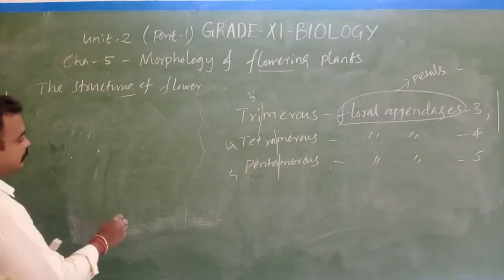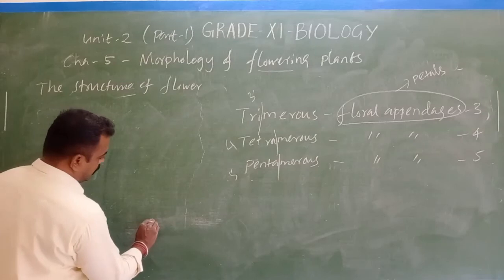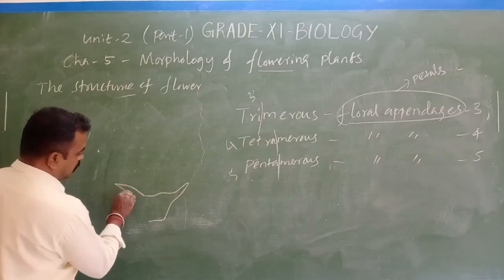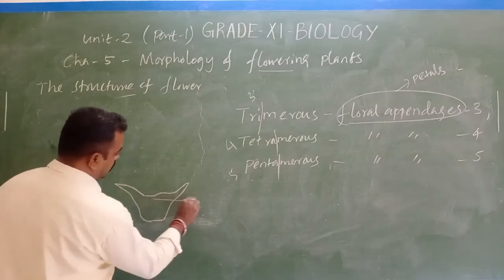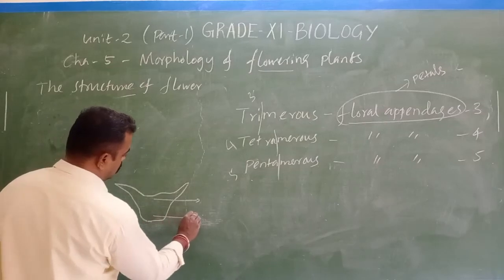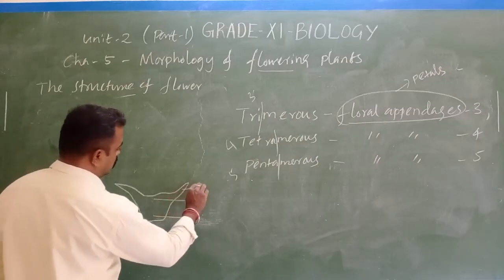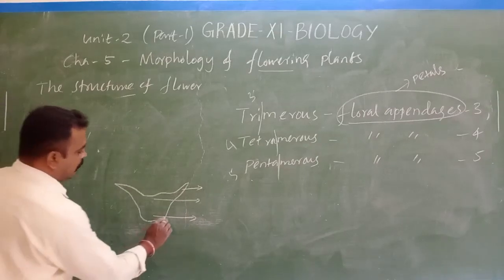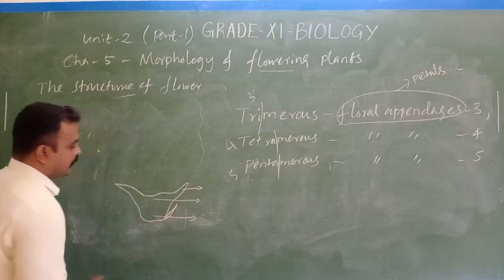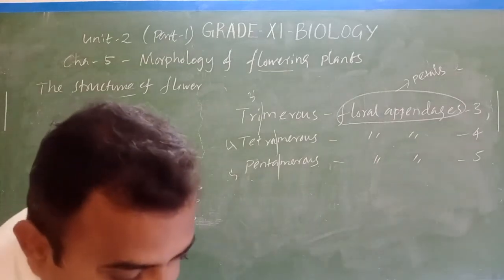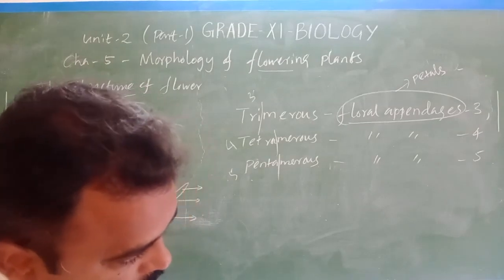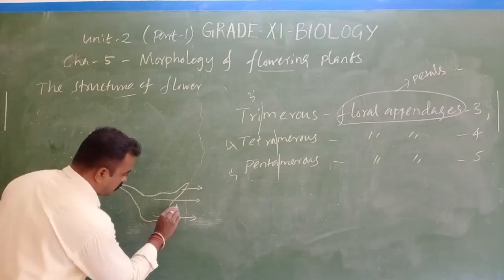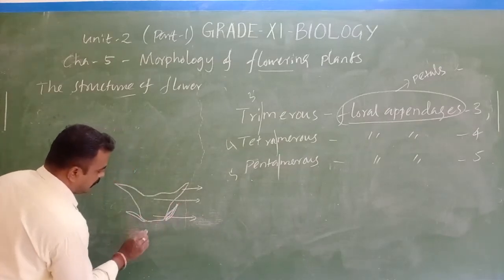Another general thing we have. Sometimes, this is the thalamus, this is the stalk, and this is the sepals. Here reduced leaves, small leaves, are present.